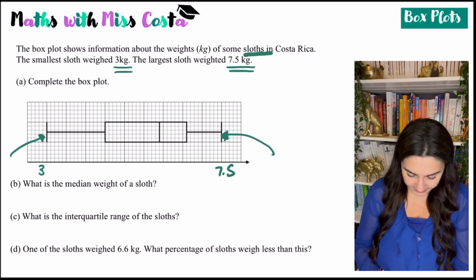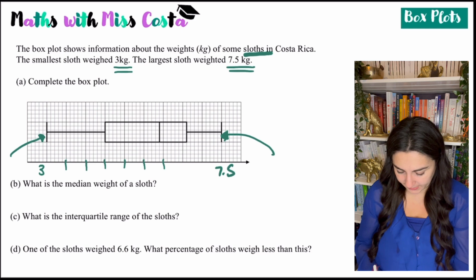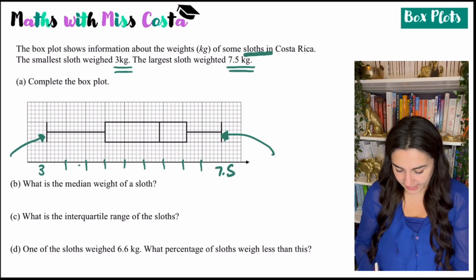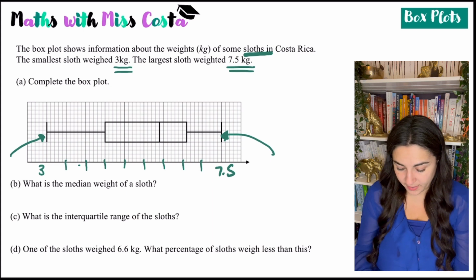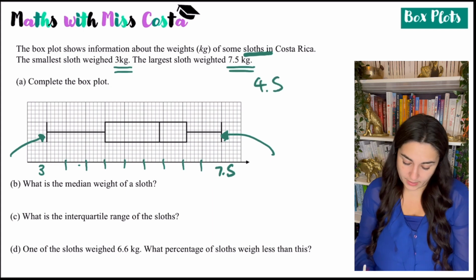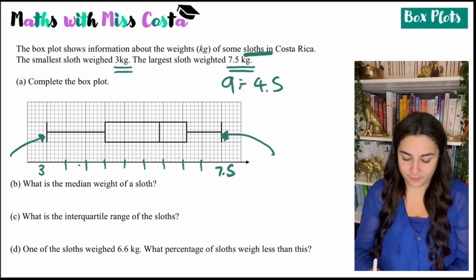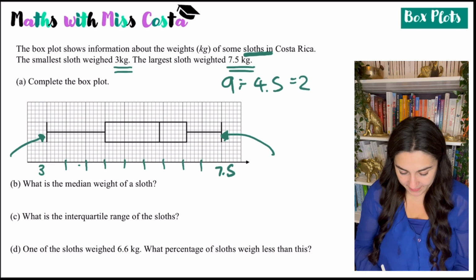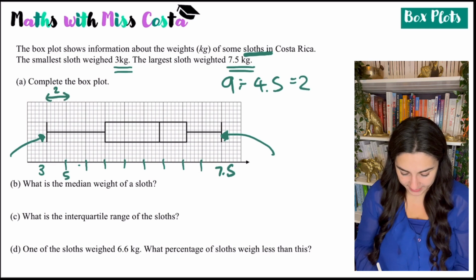So let's see. That's 1, 2, 3, 4, 5, 6, 7, 8, 9 squares. The difference between 3 and 7.5 is 4.5.